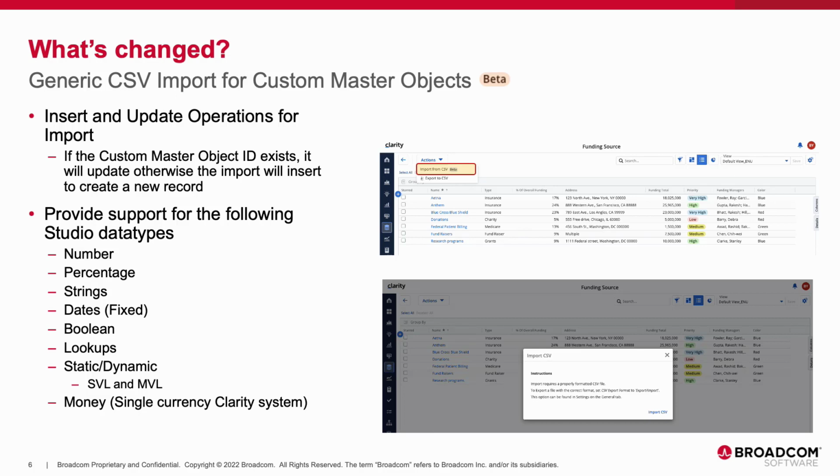Otherwise, a new record will be created. And these are the data types supported. Most of them are the same. The dates are fixed, just like in the roadmap import. We added support for dynamic lookups, single value and multi-value. We also support money attributes, but only for single currency Clarity systems.